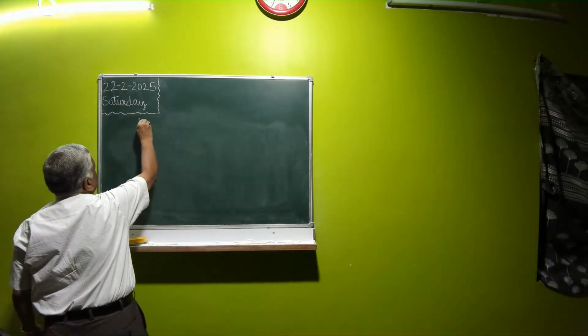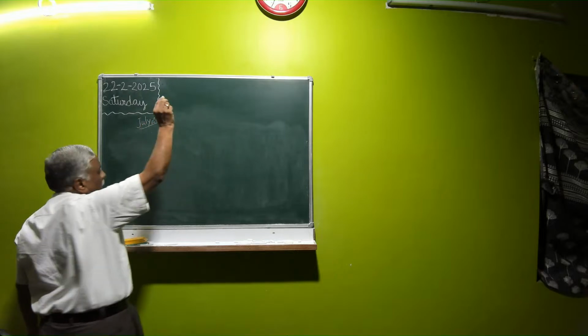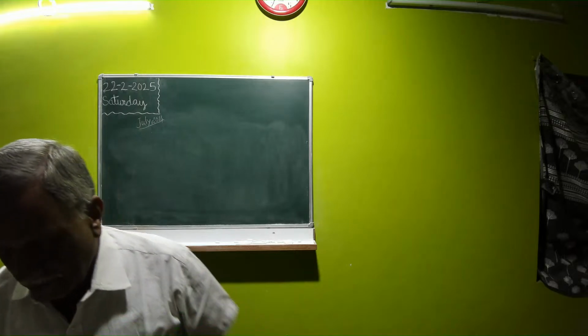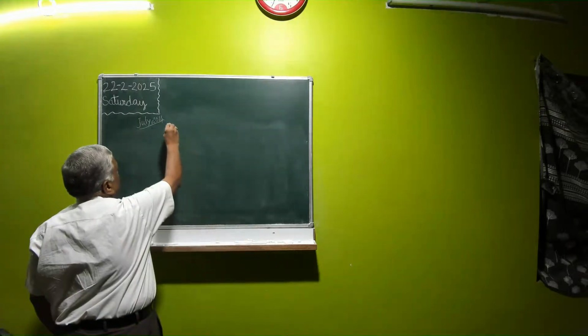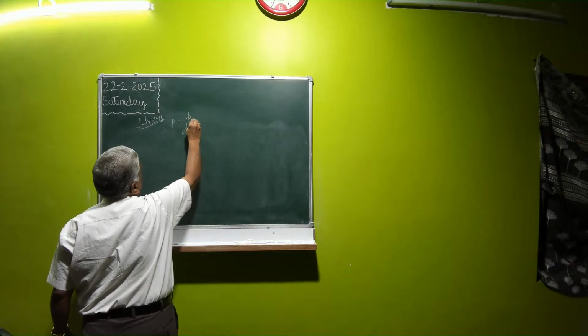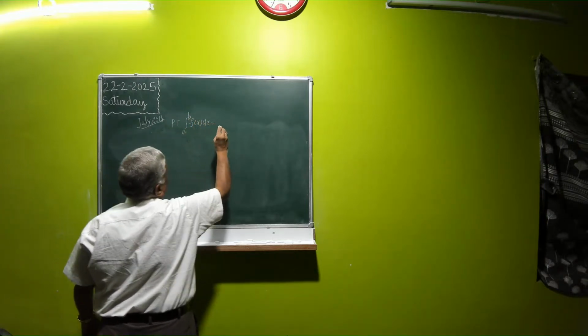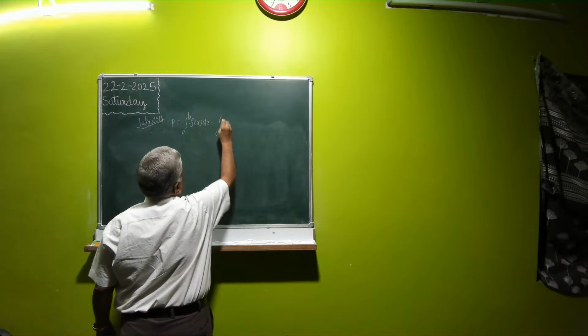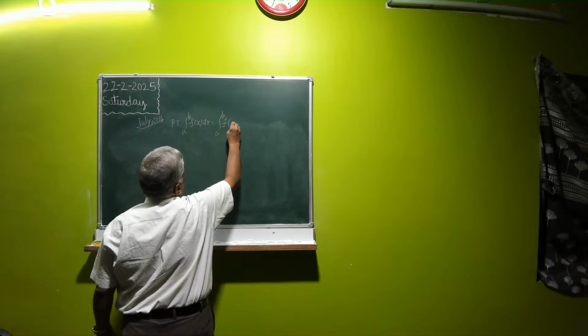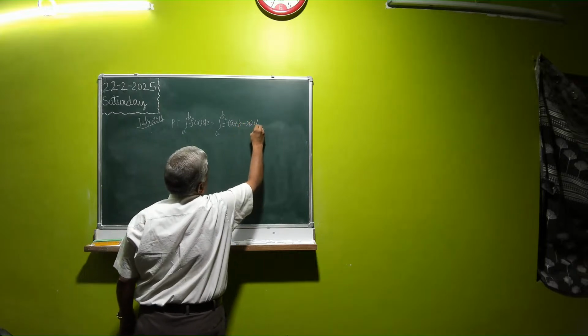July 2014. Again, a 6 marks question only. Prove that the integral from a to b of f of x dx is equal to the integral from a to b of f of (a plus b minus x) dx.